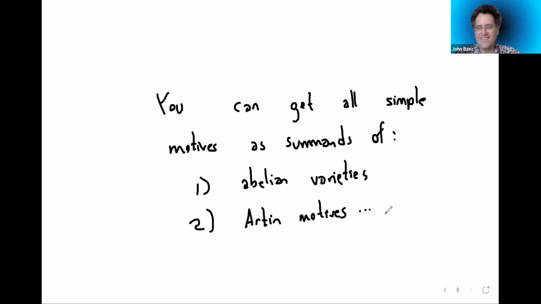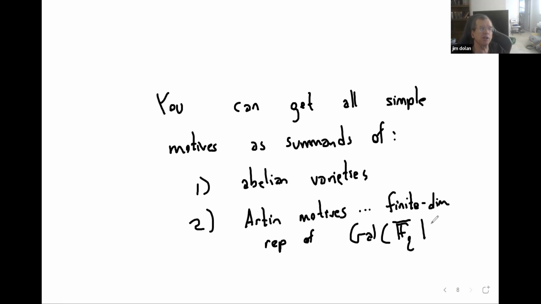I'm thinking, are they called Artin zeta functions or Artin L functions? And maybe Artin Galois representations or something like that. Well, what an Artin motive is, it somehow just comes from a finite dimensional representation of the Galois group of our finite field. All right, I'll have to think about that. But okay, so this list is finished now. It's just 1 and 2. Yeah, that's it.